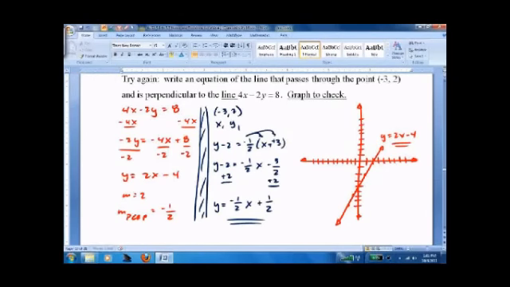Let's put the new one in green. Negative 1/2 x plus 1/2, so that's about there. Down 1 over 2 is here. Down 1 over 2 is here. Looks pretty perpendicular. y equals negative 1/2 x plus 1/2.